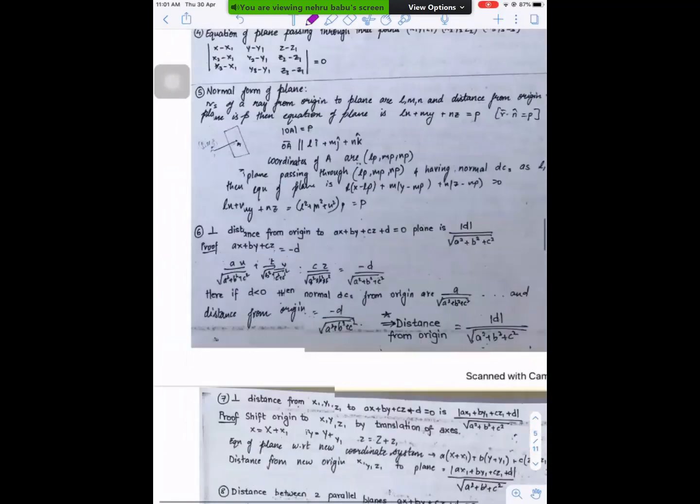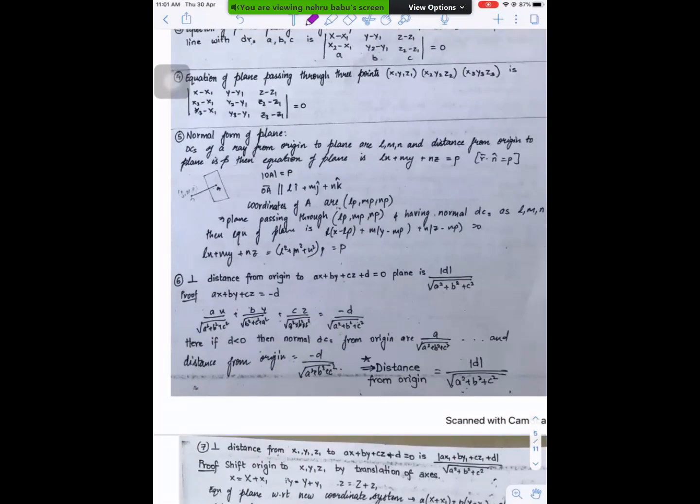And the normal form of a plane, lx plus my plus nz equal to p, or r bar dot n cap equal to p in vectors, which we discussed, is called the normal form of the plane. If you convert the general equation ax plus by plus cz plus d into normal form, then the distance from the origin is mod d by root a square plus b square plus c square.